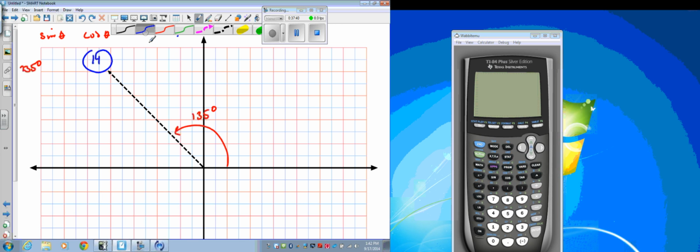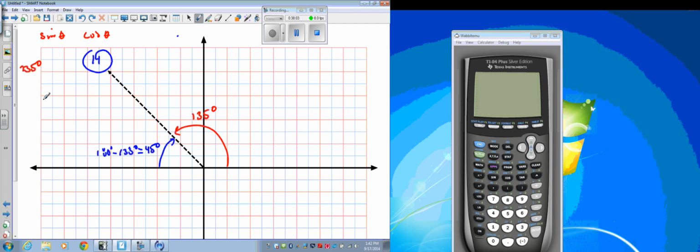I have to calculate the reference angle. It's going to be 180 minus 135, and that gives me this angle, which is 45 degrees.